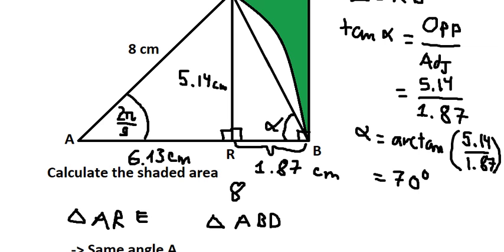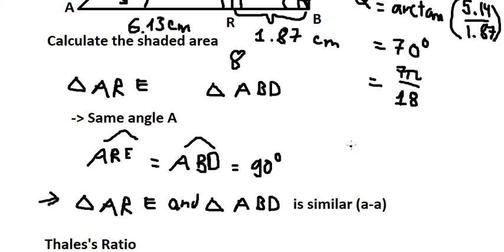Now we need to transform into radians. That is 7π over 18. We know that this one, that is a right angle. So we want to find this one, that is beta. So we have alpha plus beta equals π over 2.